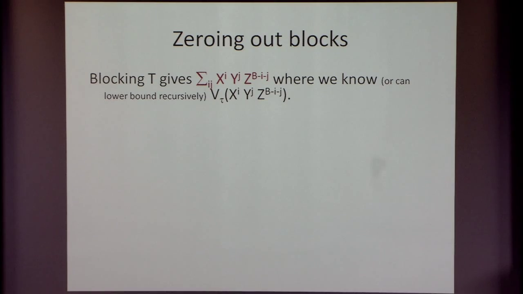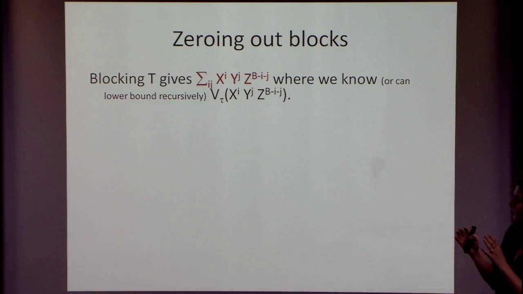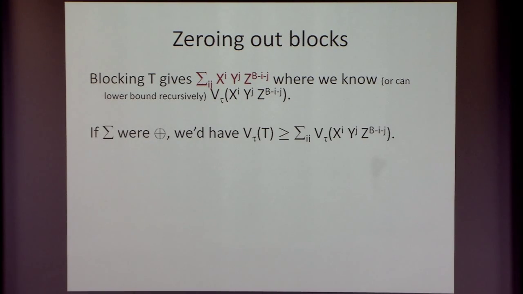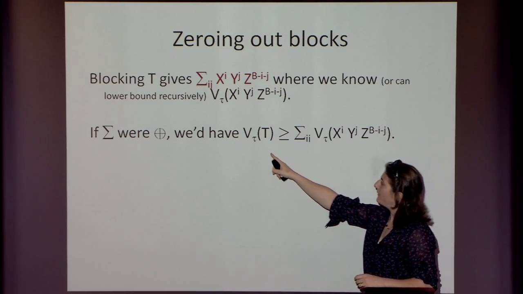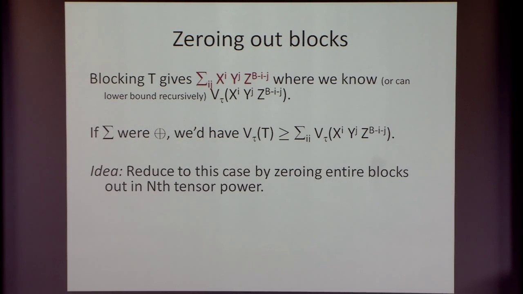So here's more. Again, the blocking gives some partitioning of the tensor, and hopefully we know lower bounds on the values of each partition, each particular summand. And if the sum were a direct sum, then we just apply this, and we get that the value of the tensor is at least the sum of the values of the smaller pieces. But if it's not, the idea is to remove the shared variables in a large tensor power. And why do you want to do it in a large tensor power? Because we have more degrees of freedom. And we're doing this zeroing out.